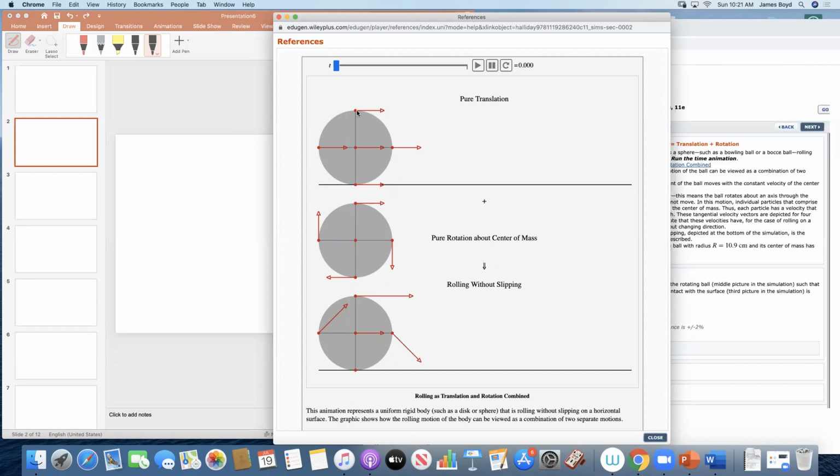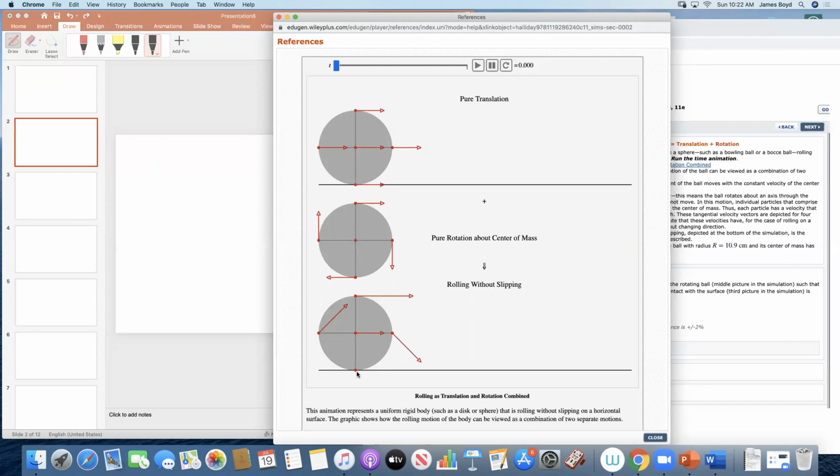So if you added the rotation and the translation together at the top, you get double the velocity of the point. Well, double the translational velocity. The point at the center would simply have the translational velocity. There's no rotation about the center. And the point at the bottom, because the rotation vector points backwards while the translation vector points forward, at the bottom where it makes contact with the ground, it is instantaneously zero.